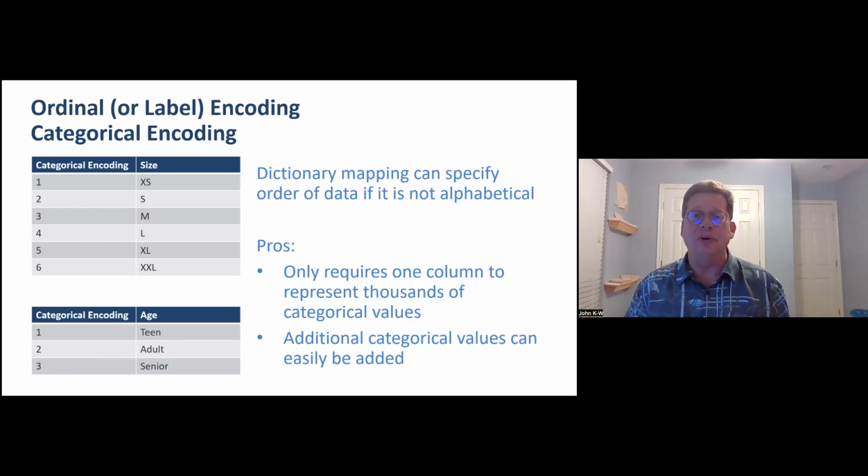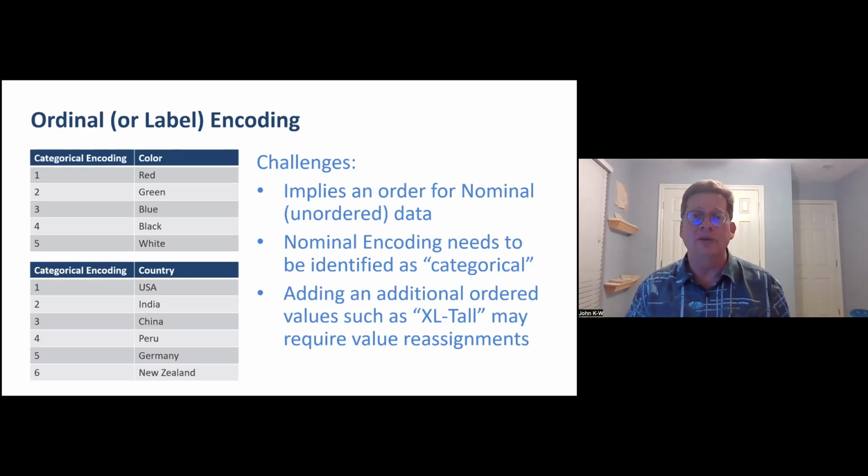And there is also a categorical encoding method called label encoding, where if you took nominal data that didn't have a particular order, you assign a number to different categorical values. The disadvantage here is that you're now implying a number, that you're implying that black is greater than green, or possibly a reverse order.